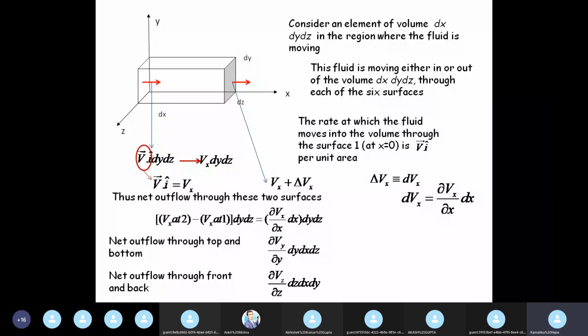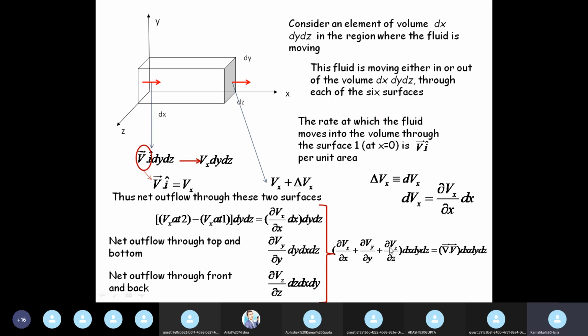Okay, so the net difference in the amount of fluid that enters this volume and that leaves this volume is given by del Vx del x plus del Vy del y plus del Vz del z multiplied by dx dy dz.